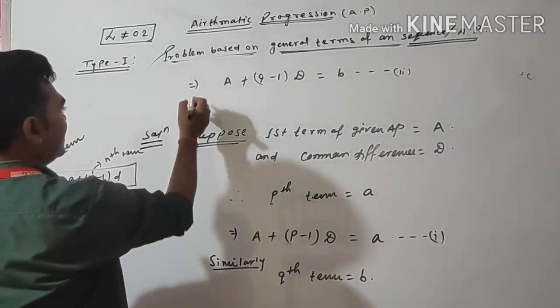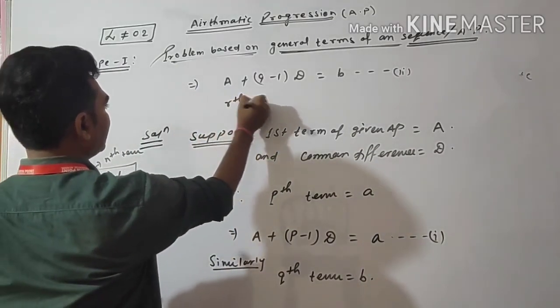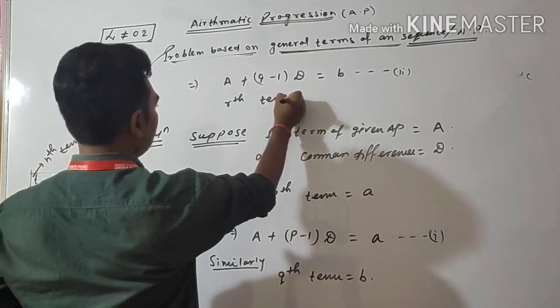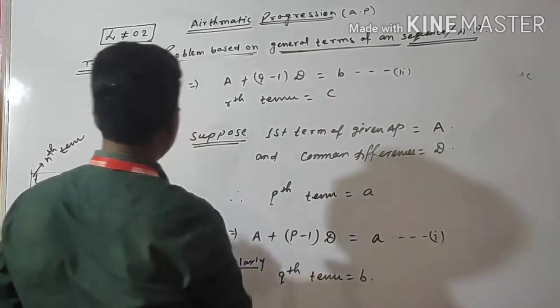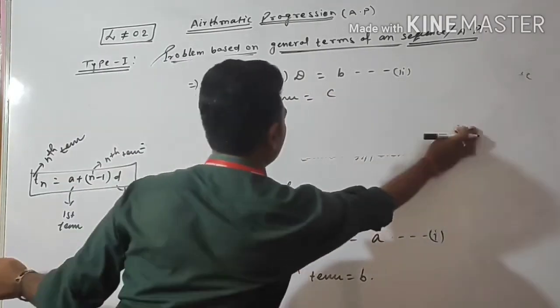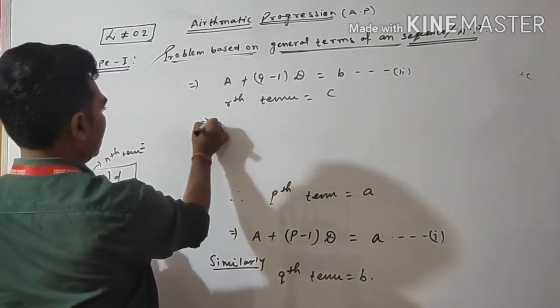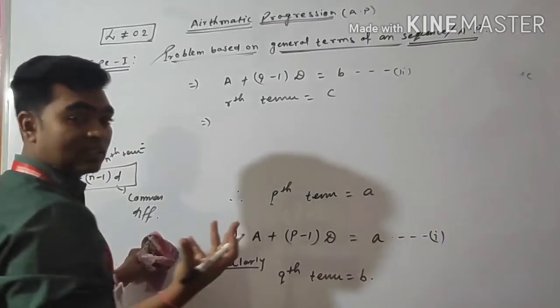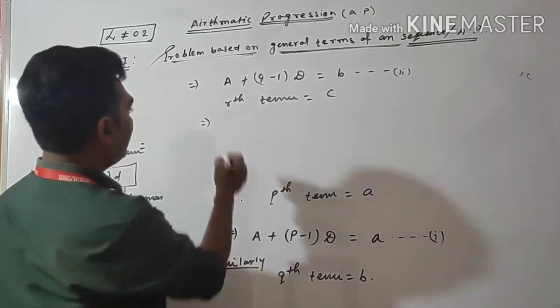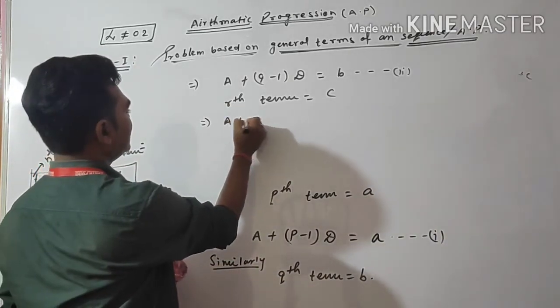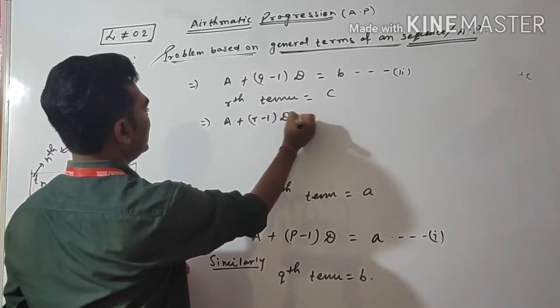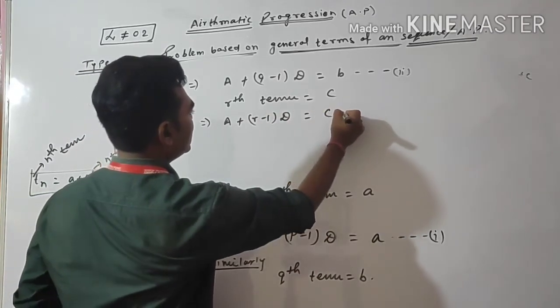And finally, the rth term is given from the question as c. And the rth term is equal to, what is this? The rth term is A plus r minus 1 into D, and this equals c.